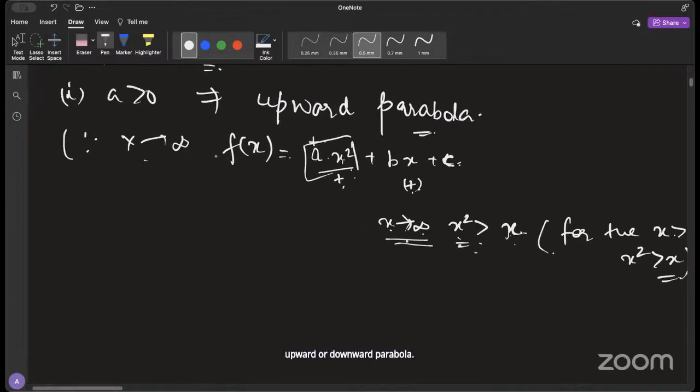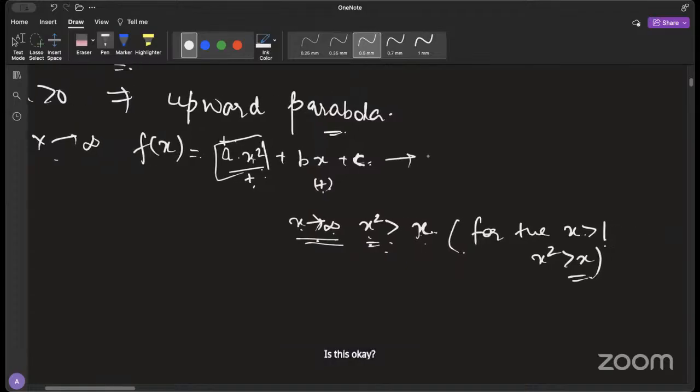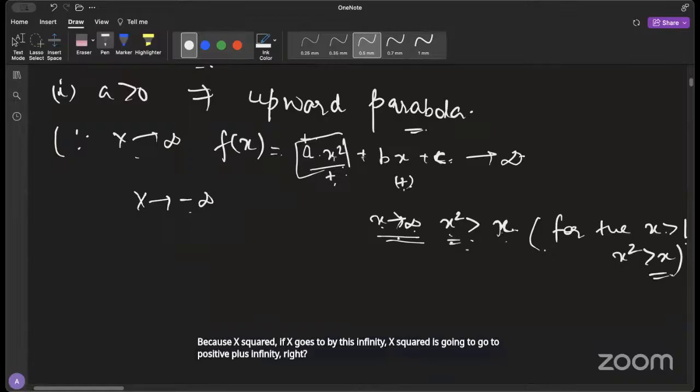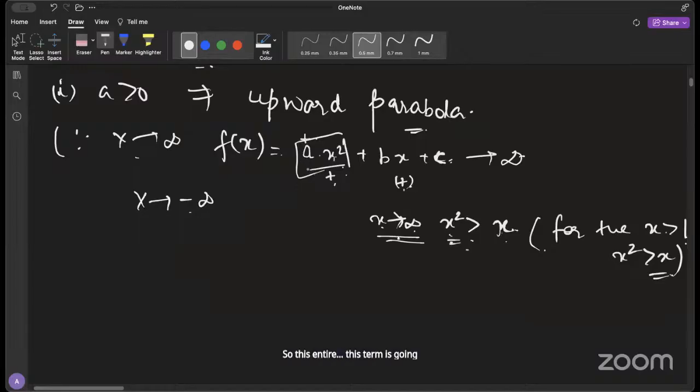Is this okay? This goes to infinity. And even if x goes to minus infinity, x squared is going to go to plus infinity, right? So this term is going to go to plus infinity. If x goes to minus infinity, ax squared goes to plus infinity.